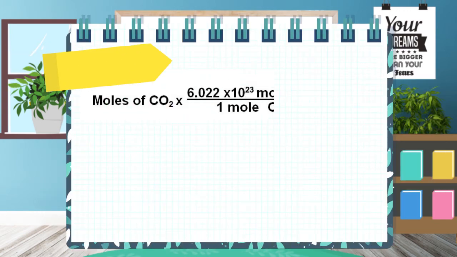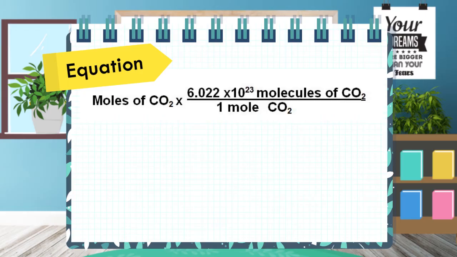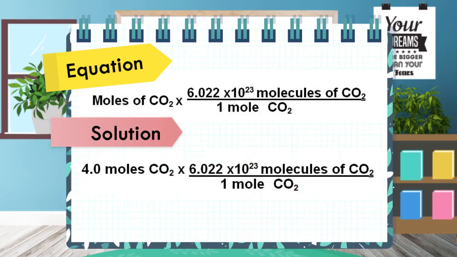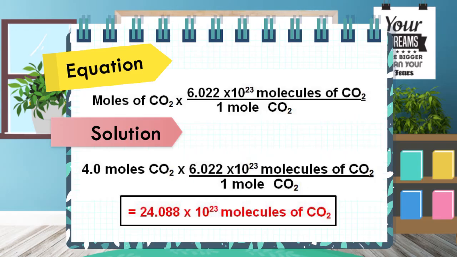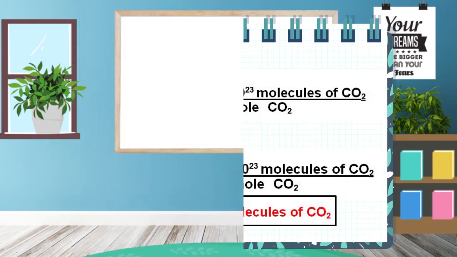Number of moles of carbon dioxide multiplied by the Avogadro's number divided by 1 mole of carbon dioxide. And here's the solution. 4 moles of carbon dioxide times 6.022 times 10 to the 23rd number of molecules of carbon dioxide divided by 1 mole of carbon dioxide is equal to 24.088 times 10 to the 23rd power number of molecules in carbon dioxide.